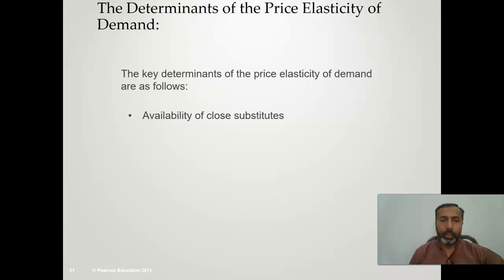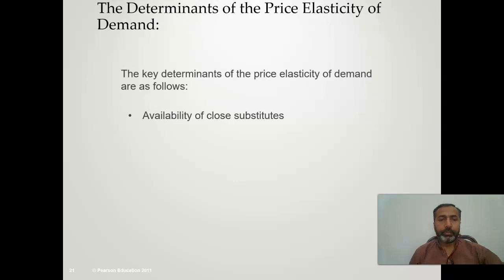So we conclude that if a product has close substitutes, its price elasticity of demand will be more than a product having fewer substitutes. Thus, the price elasticity of demand of Pepsi will be more than the price elasticity of demand of water.